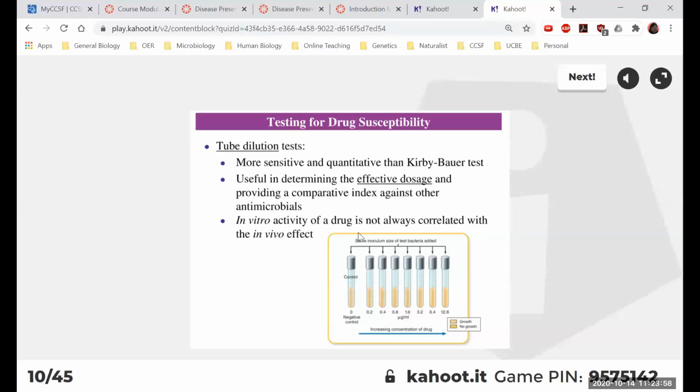Of course, this is an in vitro assay, meaning that we are doing it outside of the body. So the dosage you come out with from an in vitro assay does not necessarily correlate with in vivo effect. So you have to take that into consideration also.